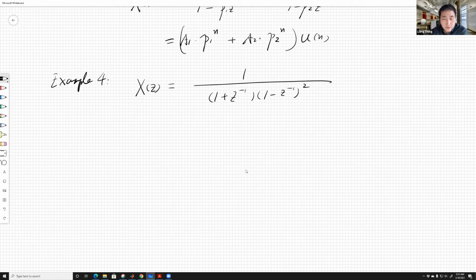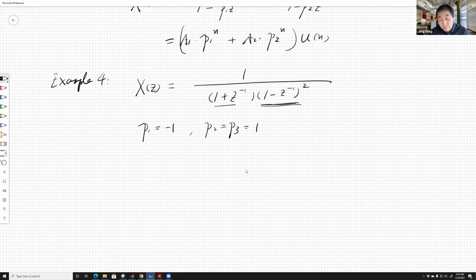However, P2 and the P3, they are identical because I got this term. Right? So we have here P1 is equal to -1, according to the first, and P2 equal to P3 equal to 1, according to the second factorized term here. So I have a pole of multiplicity 2.